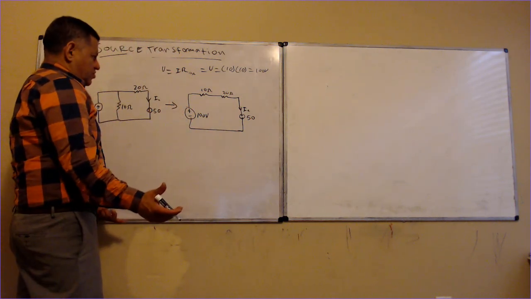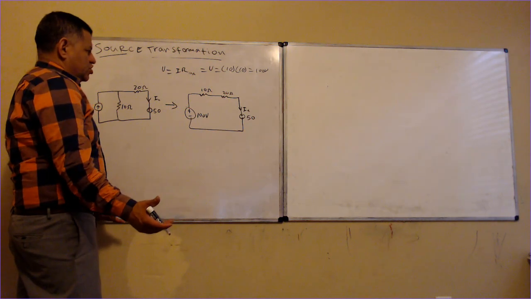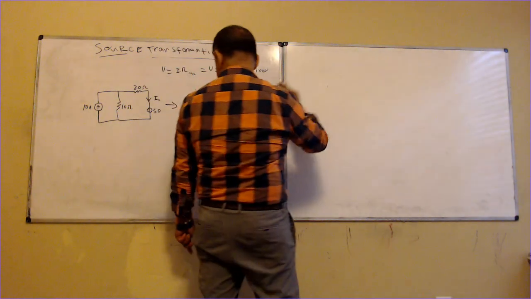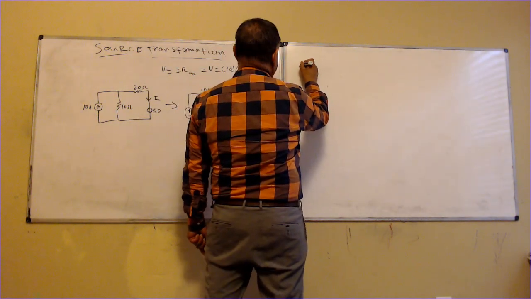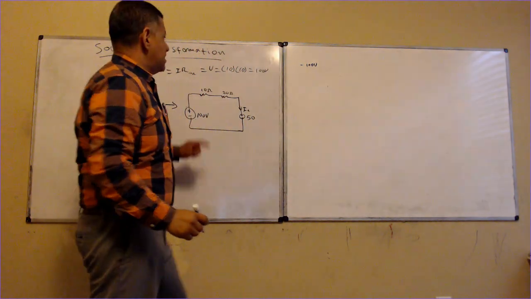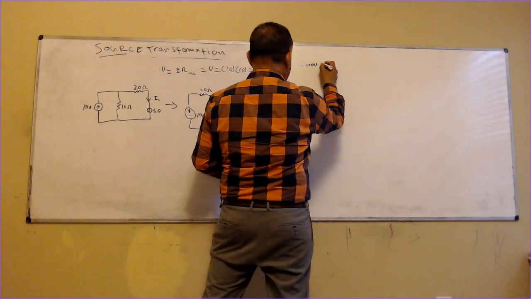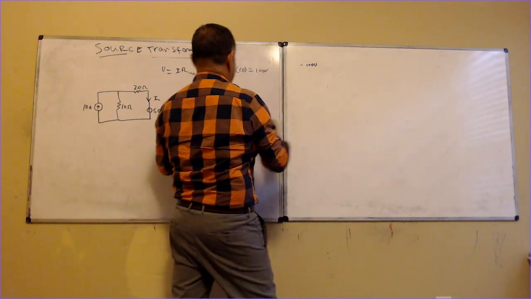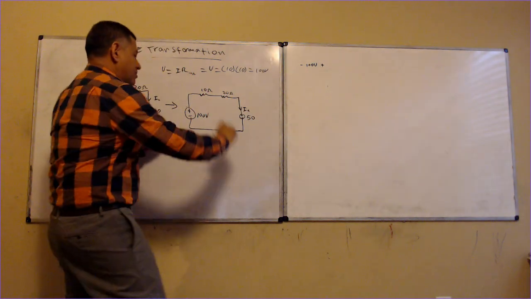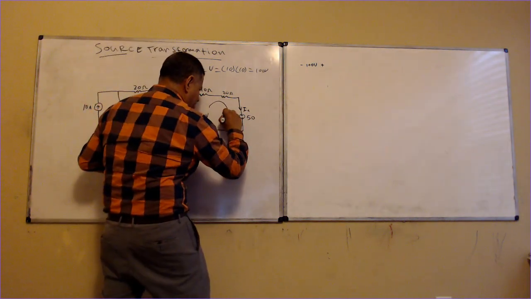Now, using KVL, I can say negative 100 volts, plus... You can call this I, but technically I am looking for the current going in that loop.